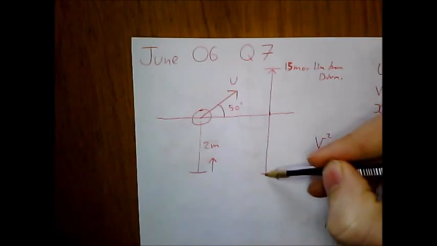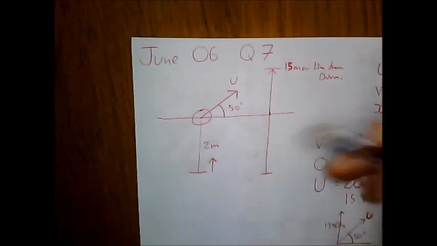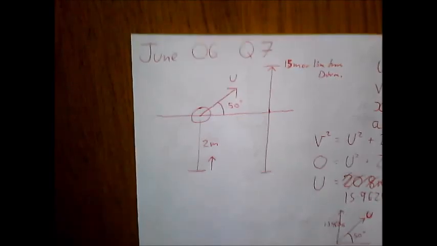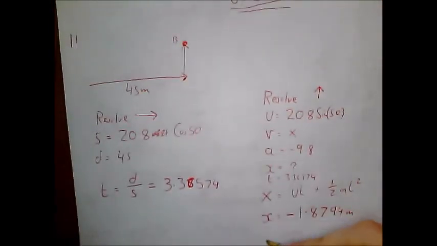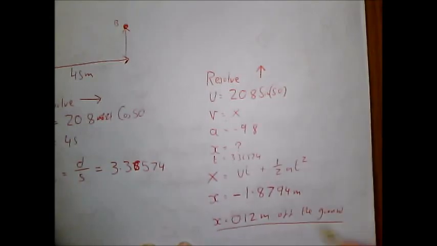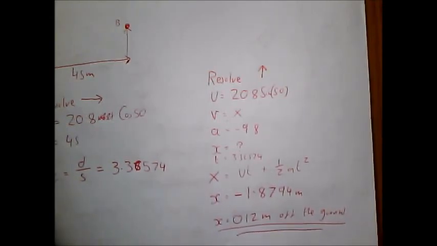So the whole thing's 2, take away this negative 1.88. So we should find that it is 0.12 meters off the ground. Okay, and that's part 2.